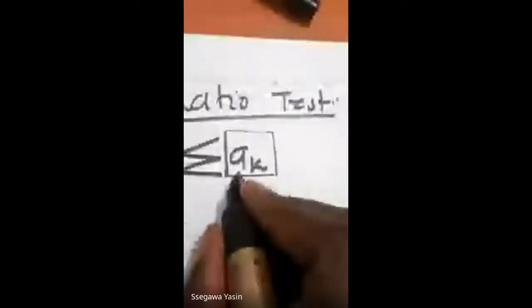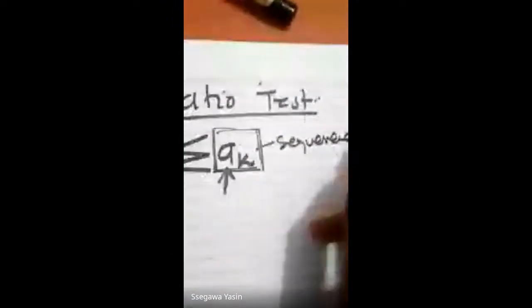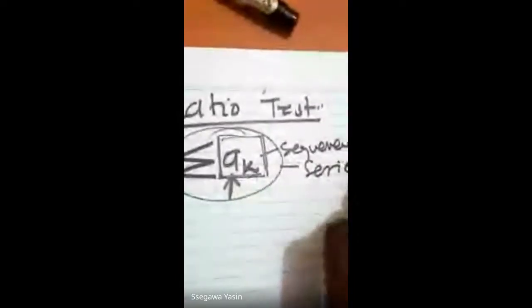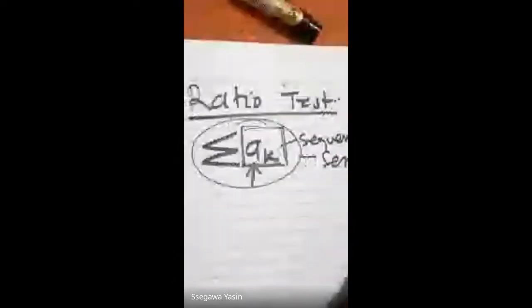So you see this thing here. Remember, we said when you pick up only this inner part and give it a name, this is our sequence. And when we combine it with the summation, then we say this is a series. I'm going to be strict: when I say a sequence, you pick this inner part.